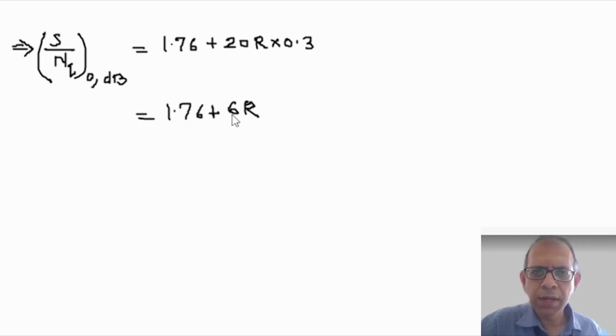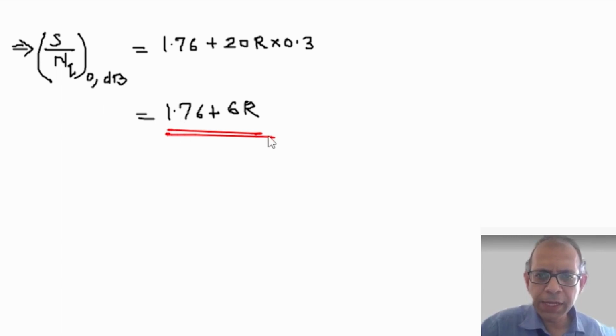And this is called the 6 dB rule of PCM. That means for each additional bit used for representing a sample, the signal to quantization noise ratio increases by 6 dB or it improves by 6 dB.